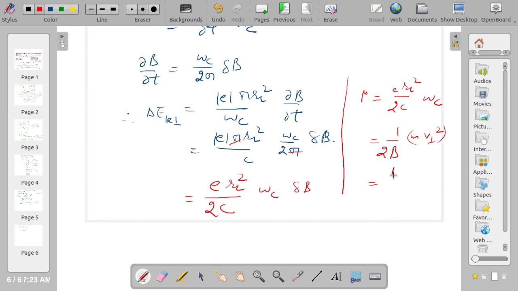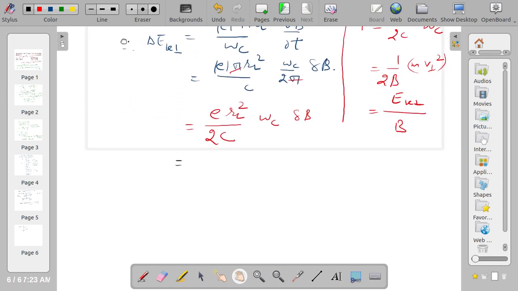Or this can be written as E K perpendicular, the kinetic energy of the perpendicular component, divided by B. So this is half m v perpendicular square, and this quantity is equal to this one. So if I use this in this equation, this is equal to this one.